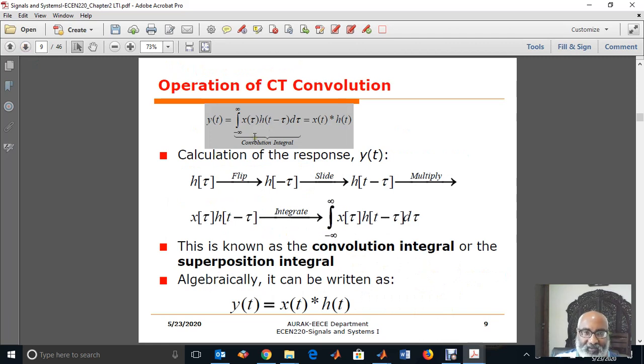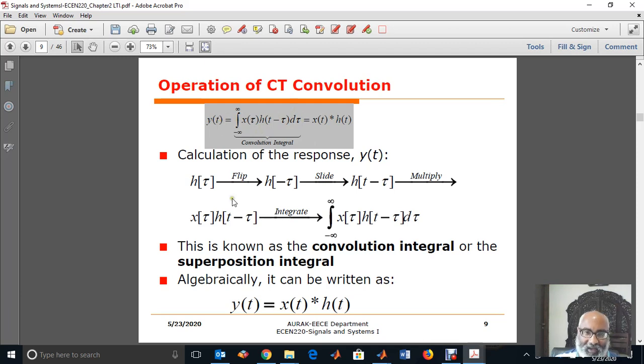When you see this integration, it looks simple, but there is some process when we are doing the integration. Because we are integrating with respect to tau, the integration variable is d tau, and the final result is y as a function of t.